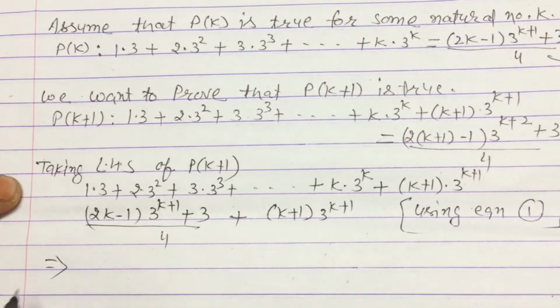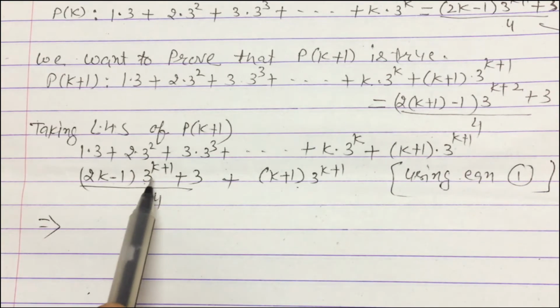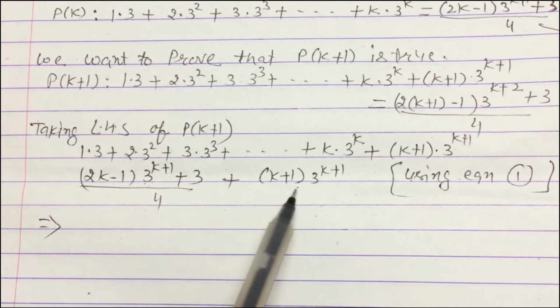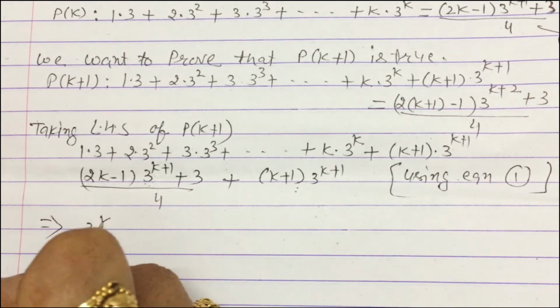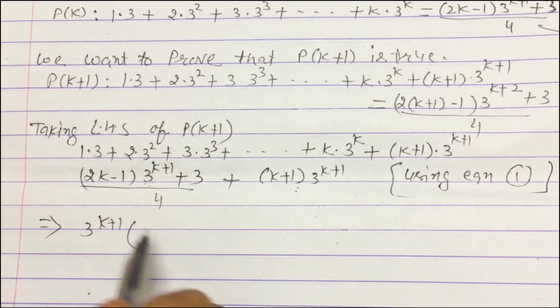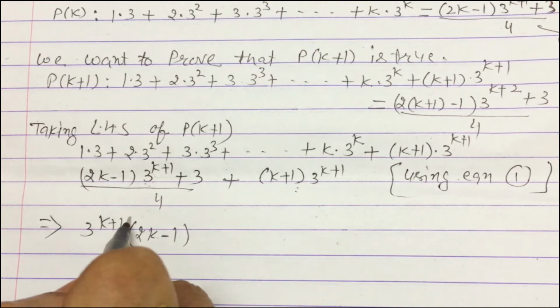Okay, and now in the next step take 3 raised k plus 1 common in this term and this term. So here 3 raised k plus 1 is common. From here it is 2k minus 1. Okay.